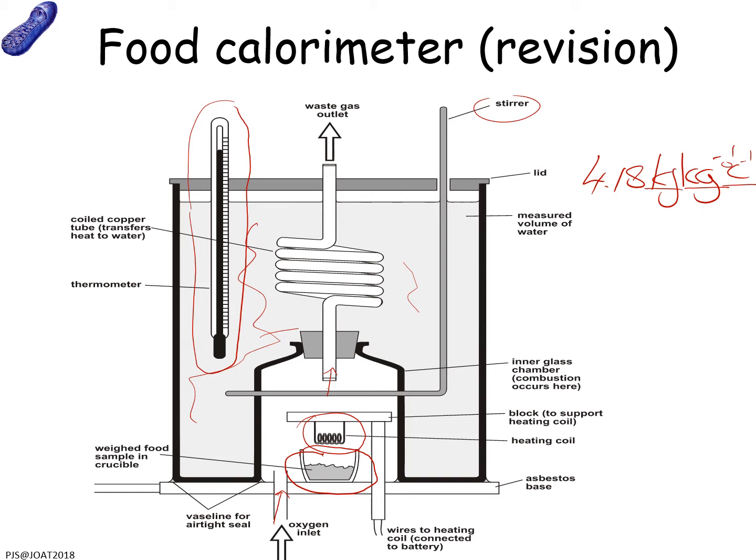So if we know exactly how much this temperature has gone up and we know exactly what mass of water we have, then we can apply this formula, which you don't need to know for higher biology, but you'll have used it in physics and you'll use it in chemistry. So it's a really worthwhile one to see the link.